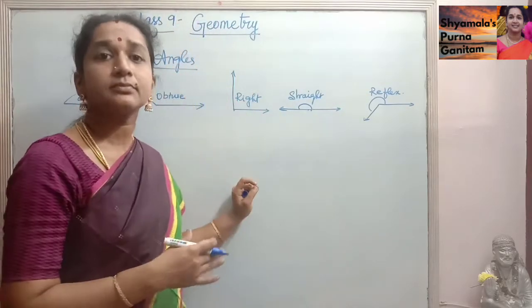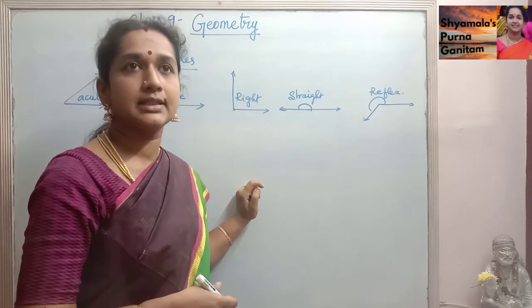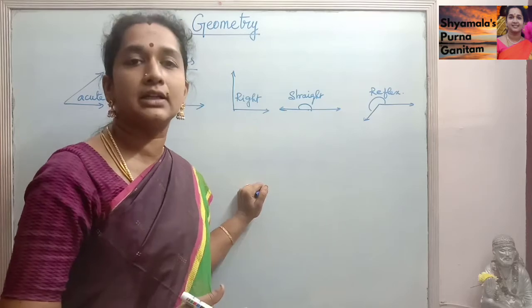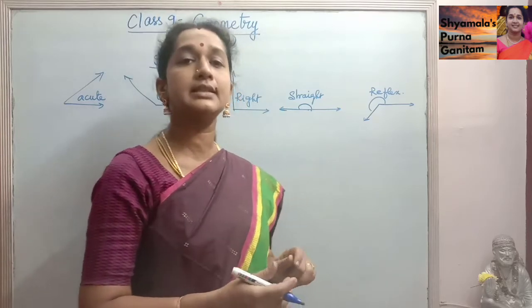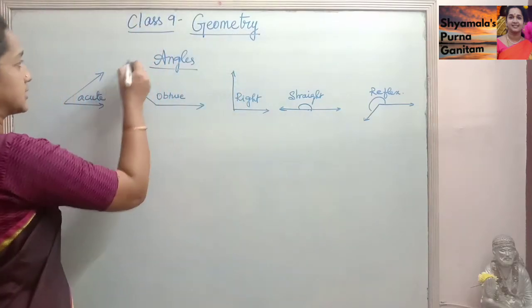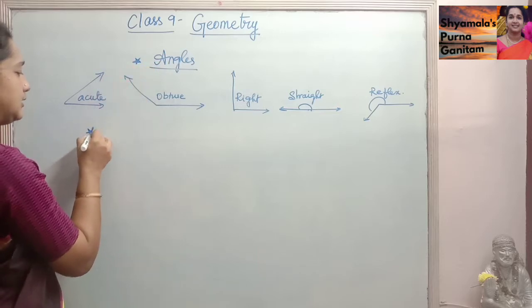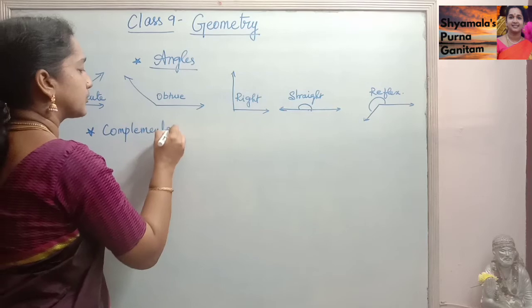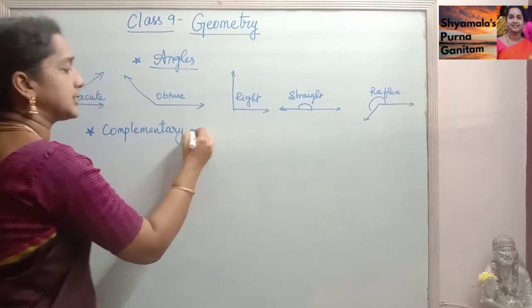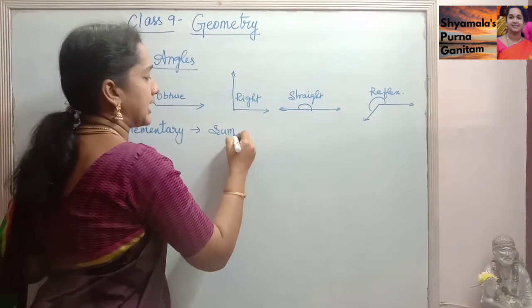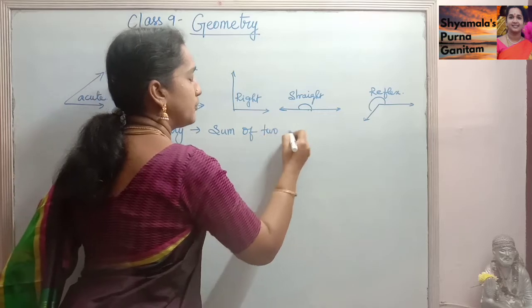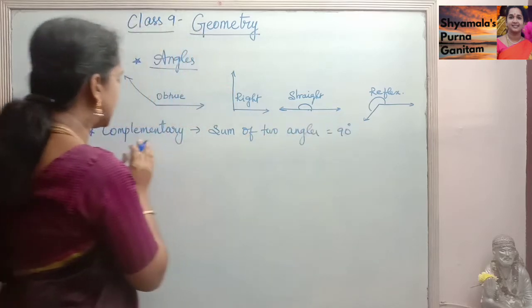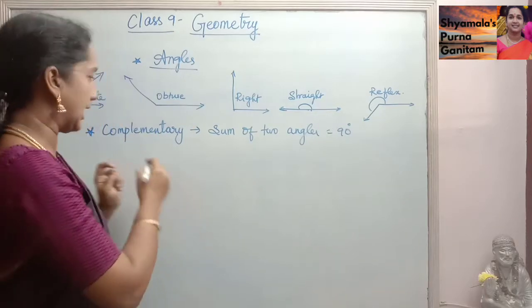Then come the types of angles. When we combine two angles, if the sum of the angles is 90 degrees, we say they are complementary angles. So the sum of two angles equal to 90 degrees means complementary angles.